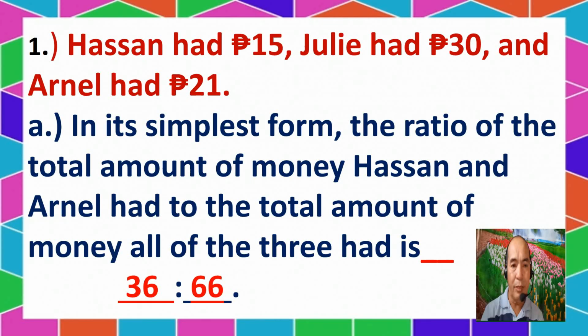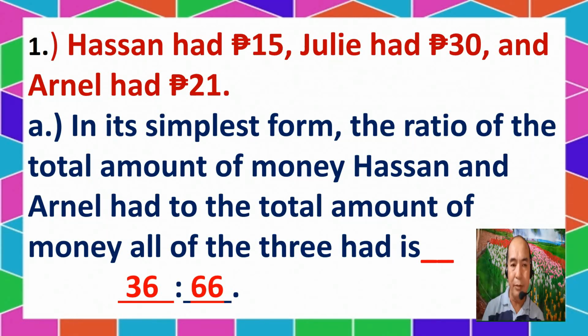So when we write the ratio, since the total amount of Hassan and Arnel's money is 36, and the total amount of all their money is 66, then we will have a ratio of 36 is to 66. This is now the ratio comparison of Hassan and Arnel's money to the total amount of money of all the three. Okay, so here is the question now.